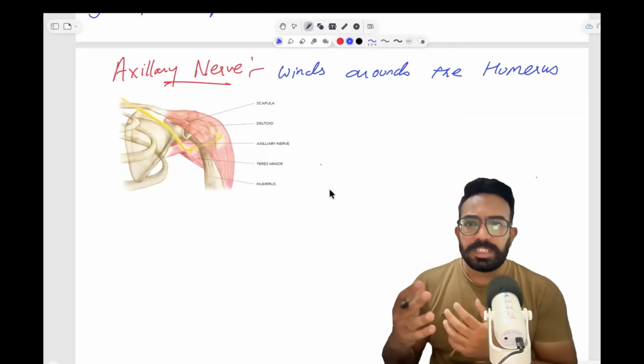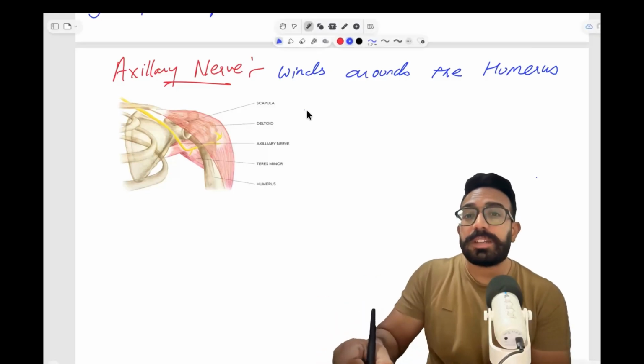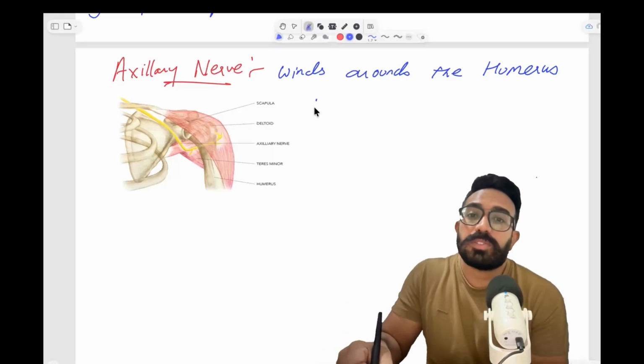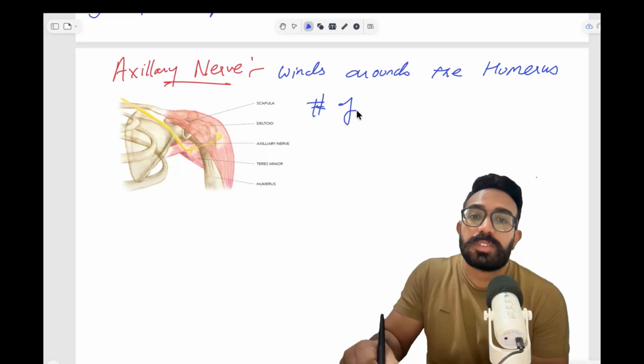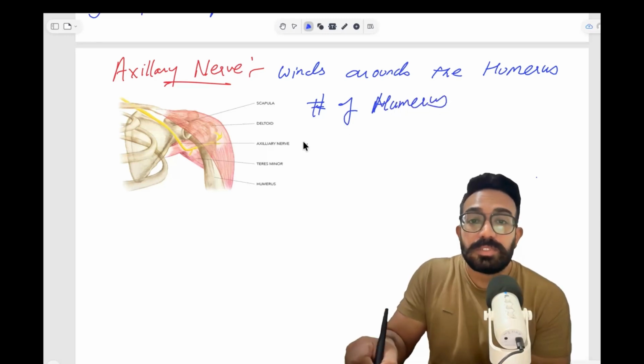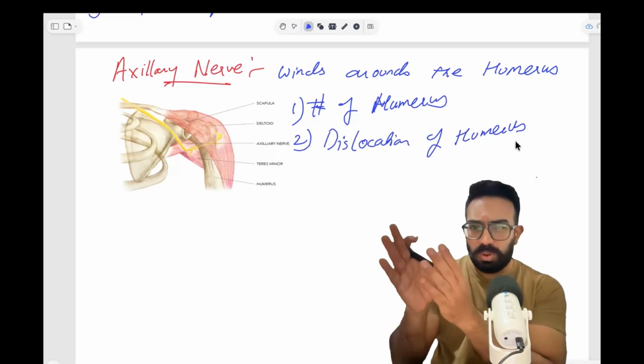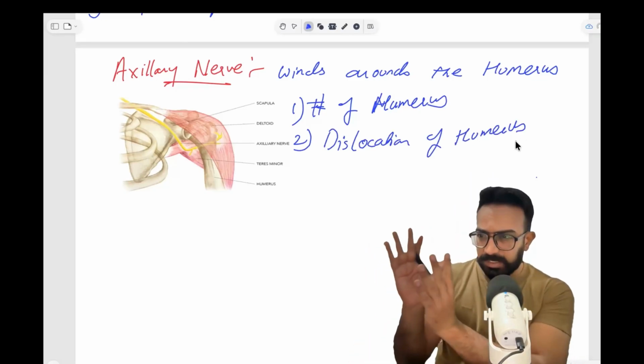Now, what are the conditions when the axillary nerve gets damaged? You will say, sir, you already told us about fracture of the surgical neck of the humerus, but dislocation of the humerus also causes damage to the axillary nerve.